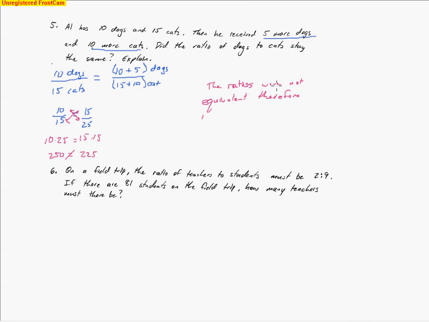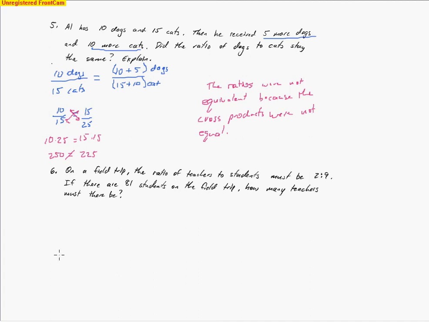So the ratios were not equivalent because the cross products were not the same. Let's state that: the ratios were not equivalent because the cross products were not equal. And so that's why the ratio of dogs to cats did not stay the same.